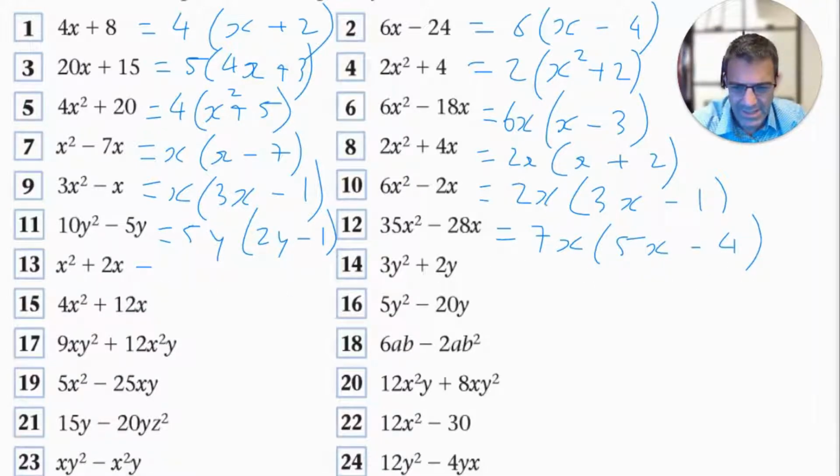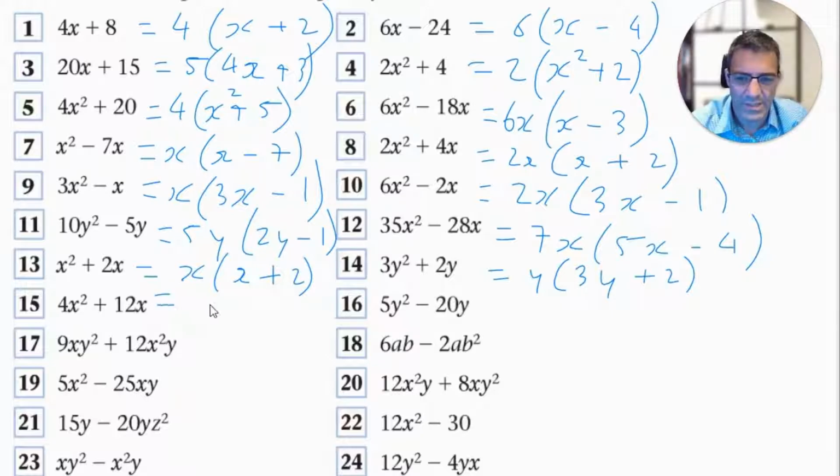This one is again x factor of x plus 2. The next one is y. There's no common factor between 3 and 2, so you could just say y factor of 3y plus 2. The next one is going to be, let's see, 4x factor of x plus 3.